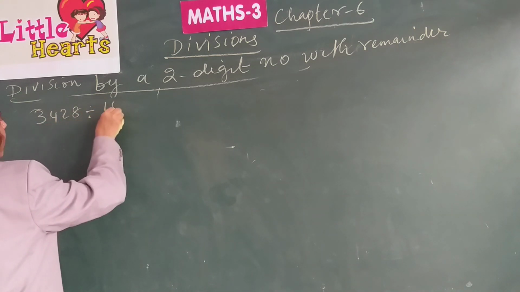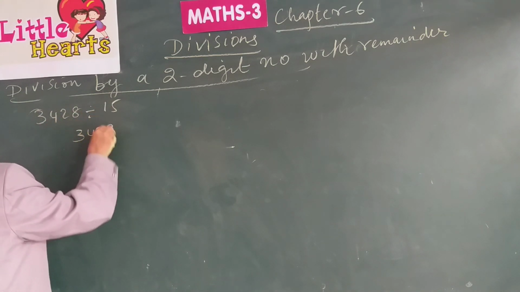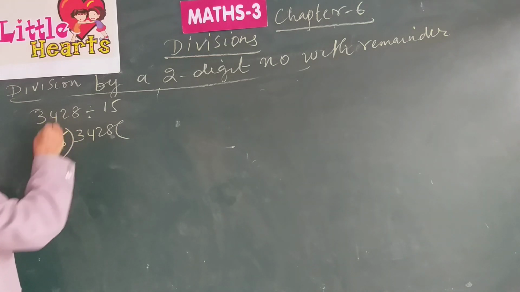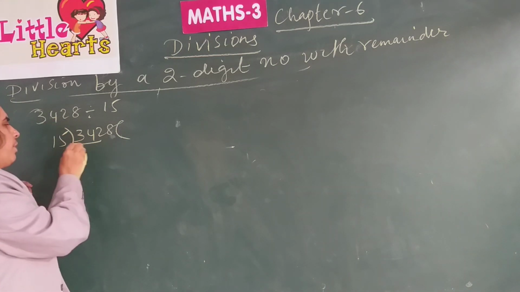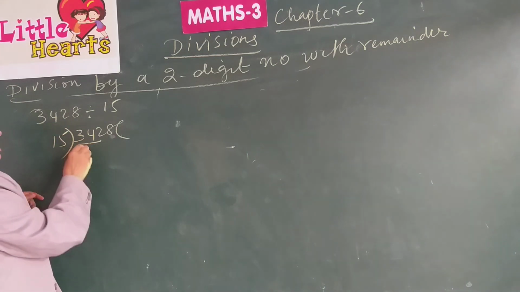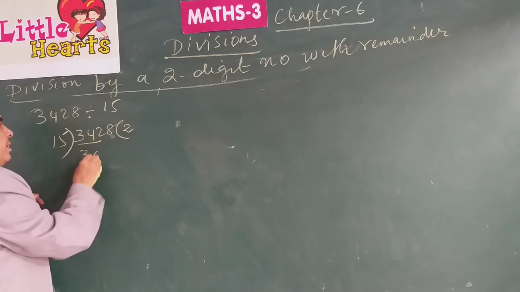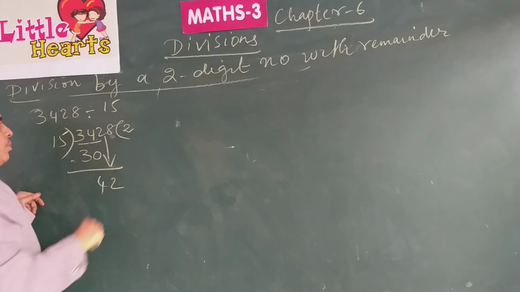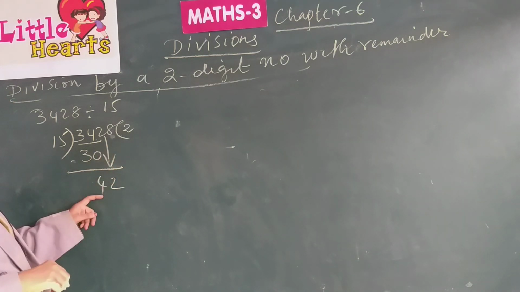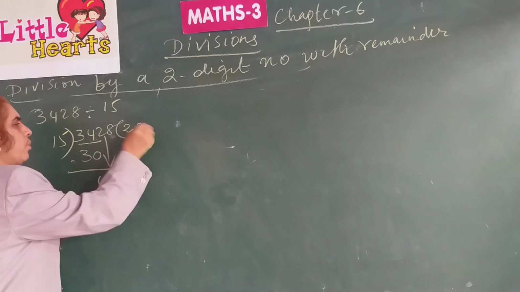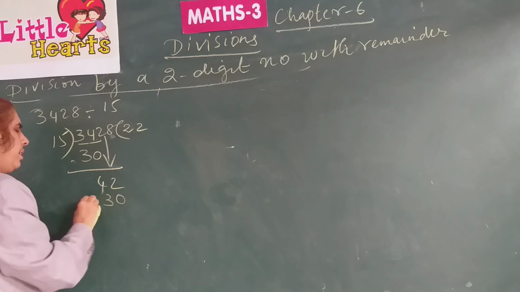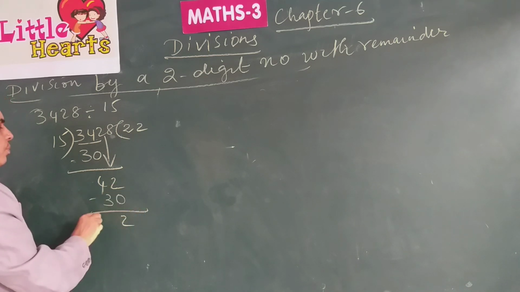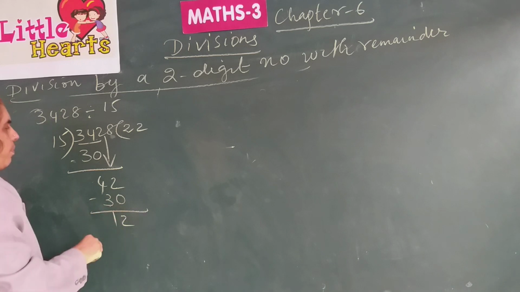Now let us go with the division of a 4-digit number by a 2-digit number. 3428 divided by 15. Take 2 digits. 34 is greater than 15. 15 twos are 30. 34 minus 30 is 4. Bring down 2. 42. 15 twos are 30. 15 threes are 45. Again go with 15 twos are 30. 42 minus 30 is 12.